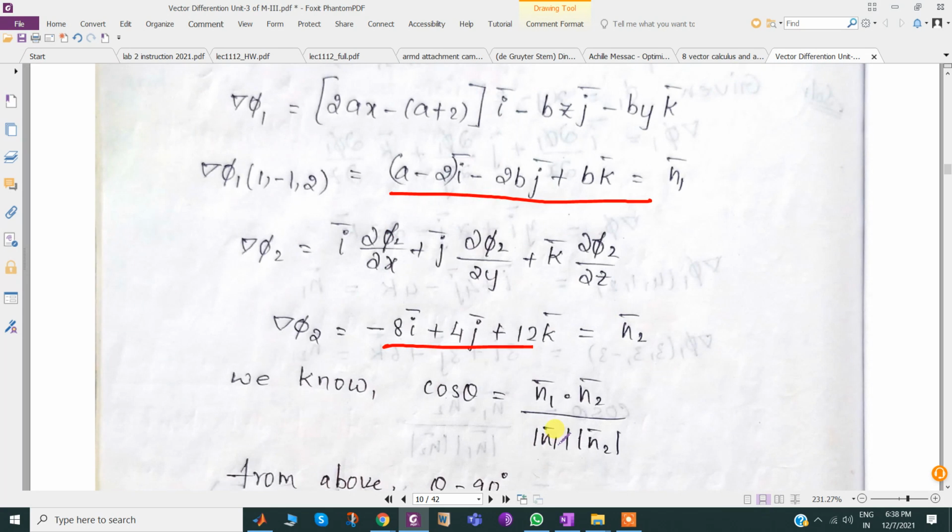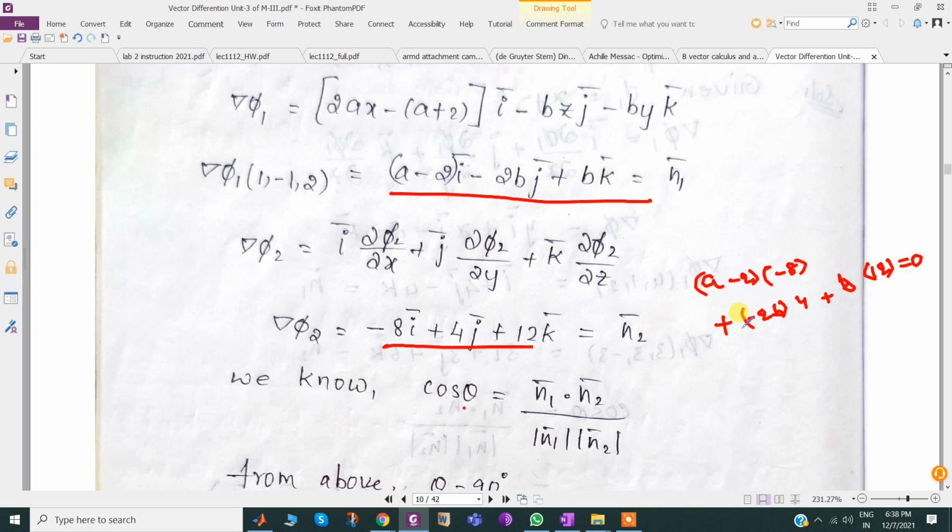Now cutting orthogonally means cos theta equal to del phi 1 dot del phi 2 by mod del phi 1 times mod del phi 2. Here the dot product, since theta equal to 90, must be 0. That represents here a minus 2 times the i bar coefficient minus 8, plus minus 2b times the j bar coefficient 4, plus the k bar coefficient b times 12, must be 0.